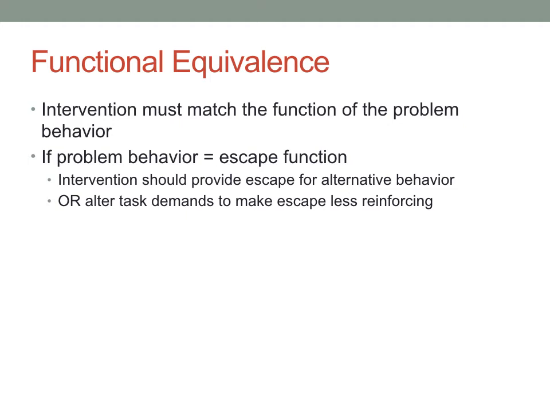You will teach the alternate behavior, and it should allow the person to escape from the situation. Or you can alter task demands, so you can delay escape a little bit, but eventually the child can escape from the situation.